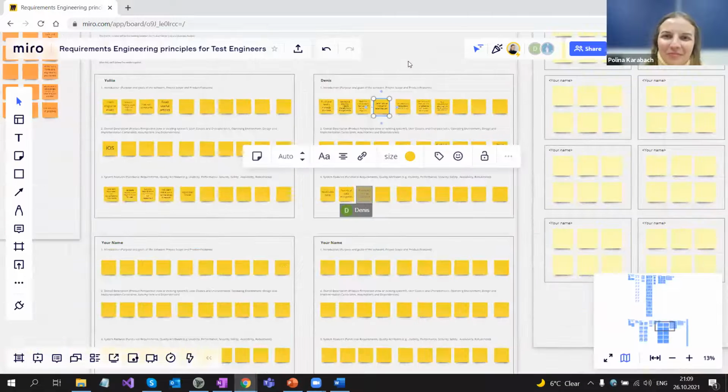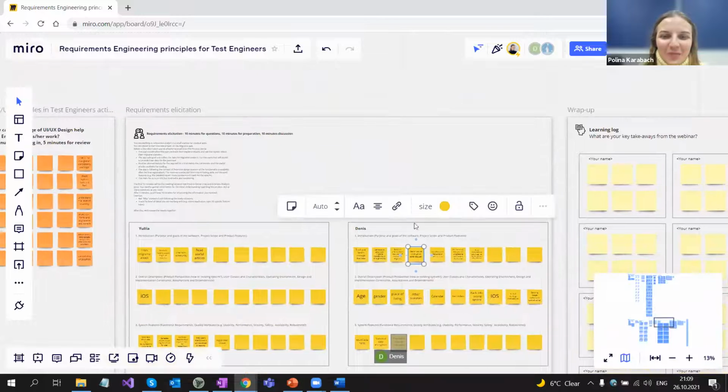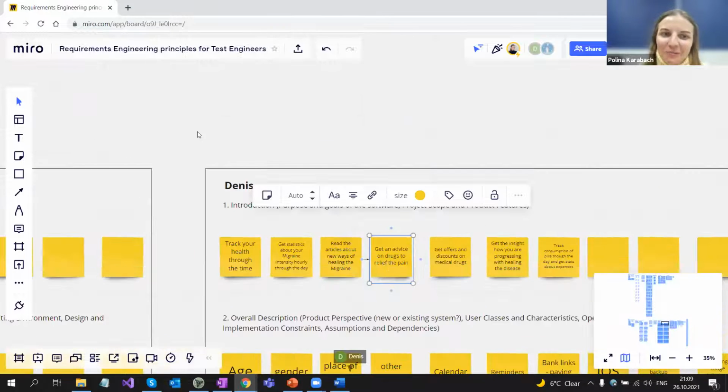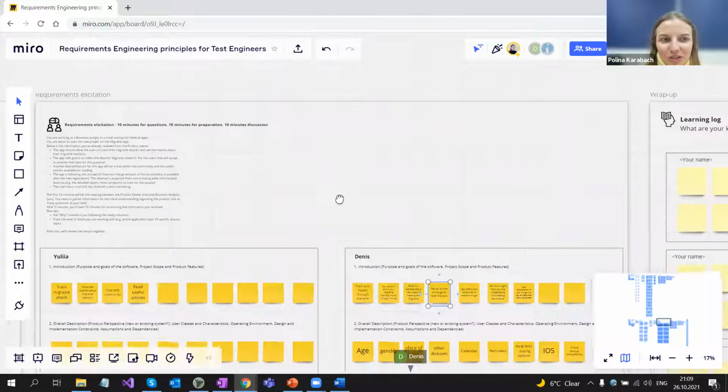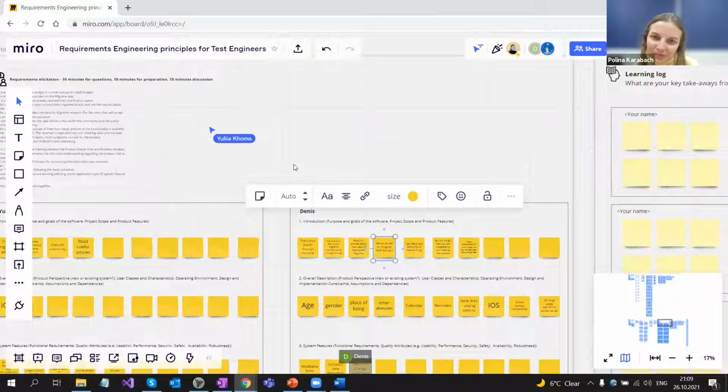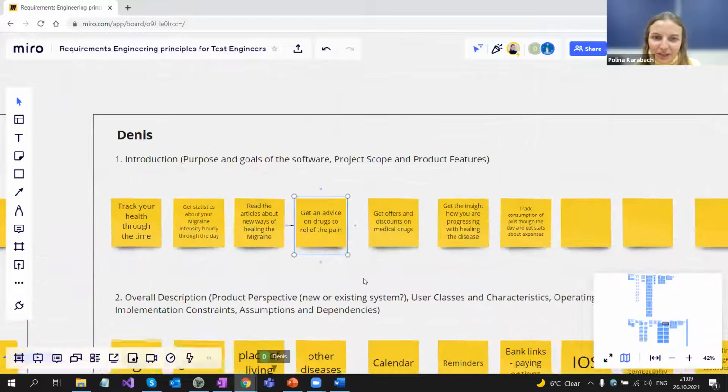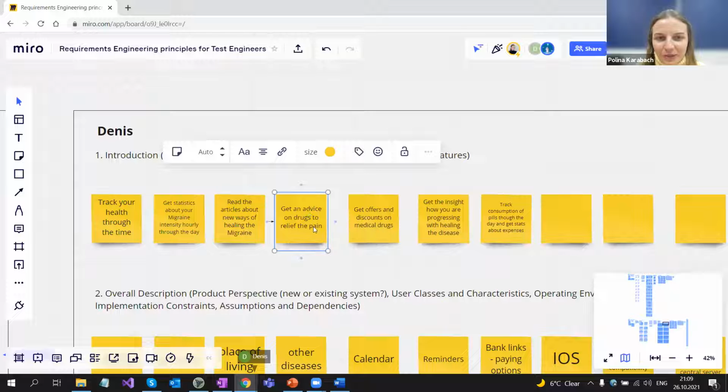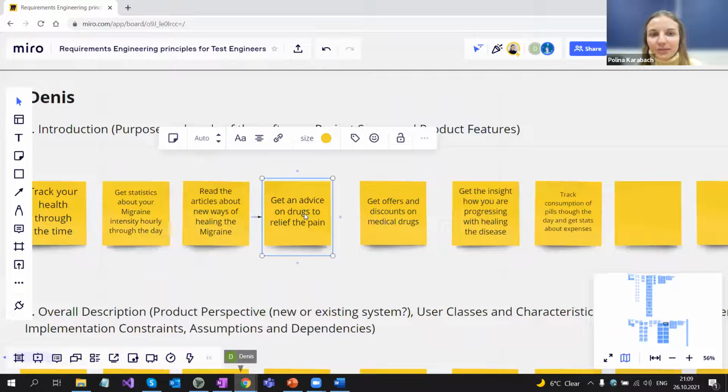Yeah, so maybe that explains this. The intention of the exercise was to really communicate with the product owner and ask questions to gather all of this information. And why I'm asking about getting advice on drugs to relieve the pain, I would say this is a nice idea, but it needs confirmation and discussion with the product owner.